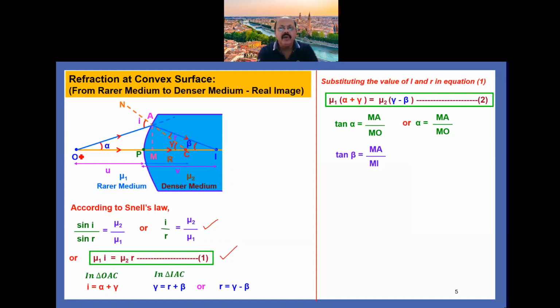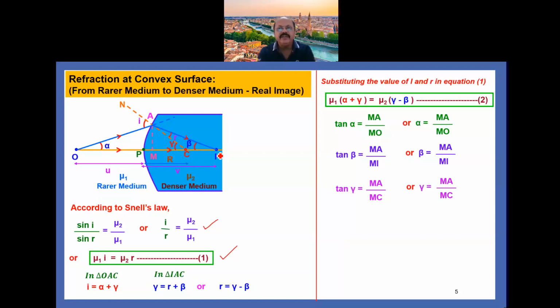In triangle AMI, tan beta equals AM upon MI, and tan beta is approximately equal to beta. Therefore, beta equals MA upon MI. Similarly, tan gamma in triangle AMC: tan gamma equals AM upon MC. Since the angle is very small, tan gamma is approximately equal to gamma. So gamma equals MA upon MC.